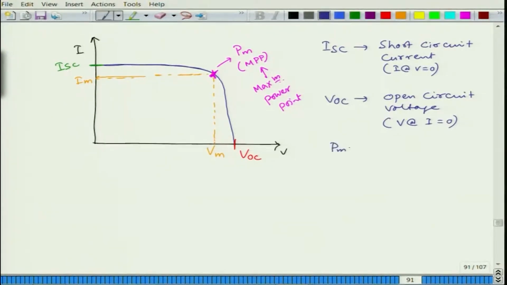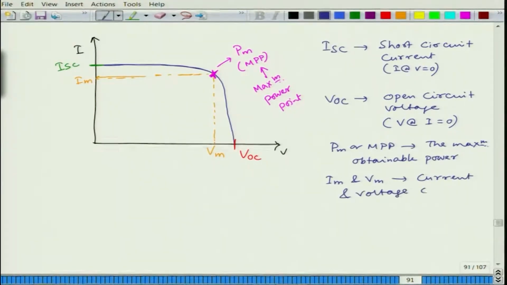And this PM or MPP, that is the maximum obtainable power. Right. And Im and Vm are current and voltage corresponding to this PM point.